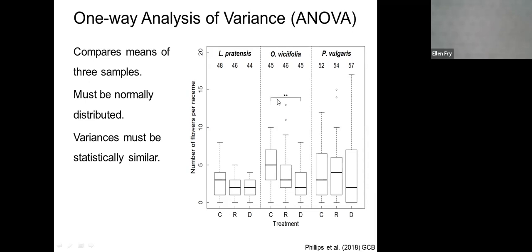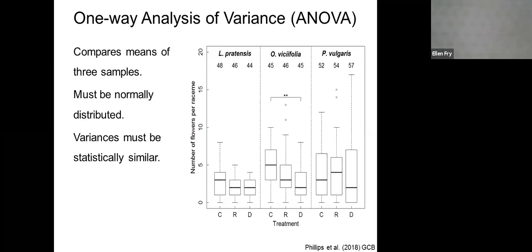And we can see that there is a significant difference between the control and the drought. There are more flowers in the control than there are in the drought. That means that the loss of water has significant impacts on the ability of the Onobrychis to flower, and this might have implications for the availability of nectar for the pollinating species.